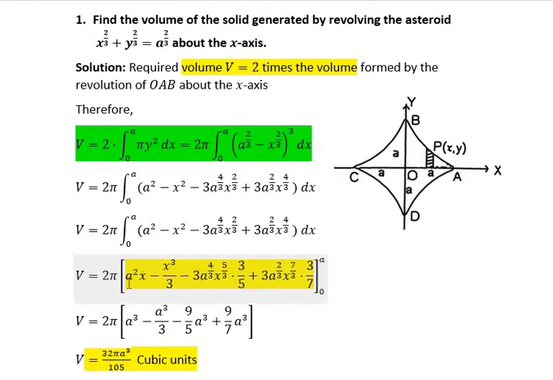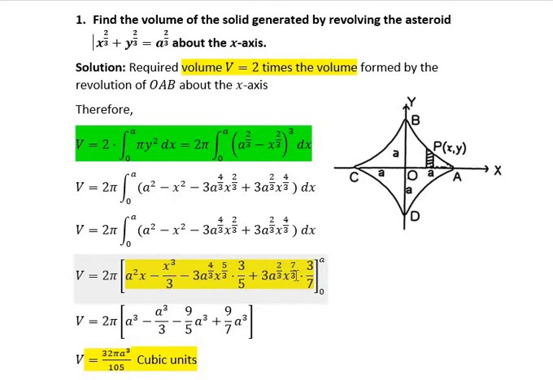So a square into a is a cube, minus x cube by 3 becomes a cube by 3, minus 3 3s are 9, 9 by 5, a to the power of 4 by 3 into a to the power of 5 by 3. So it becomes a cube plus 9 by 7 (3 3s are 9) and a to the power of 2 by 3 into a to the power of 7 by 3.